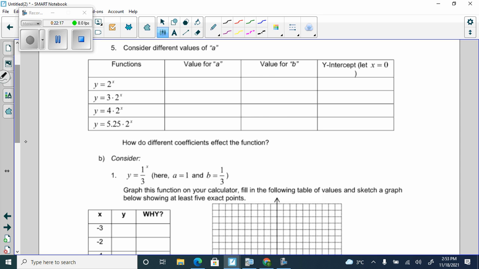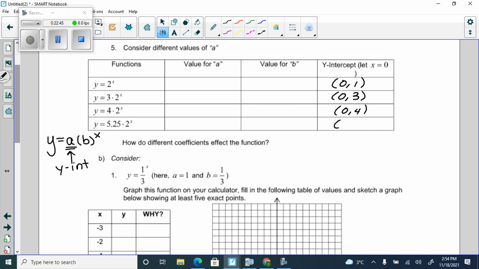This is just teaching you that if it's in y equals ab to the x, your a is your y-intercept. So what is the y-intercept of the first function? This one's going to be 0 and 1. What's this one going to be? 0 and 3. What's this one going to be? 0 and 4.